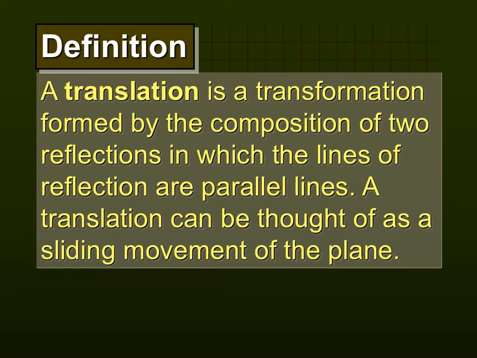So you're going to reflect the pre-image across a line of reflection, and then you're going to reflect it again on another line of reflection, and that second line of reflection is parallel to the first line. Okay, so in the end, it looks like you just took the pre-image and did a slide to its new position. So a translation is sometimes thought of as the sliding movement of the plane.